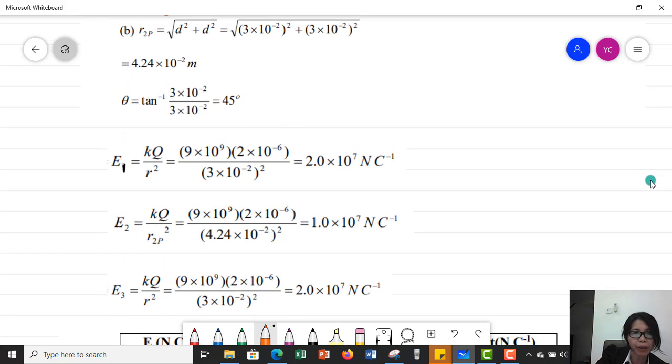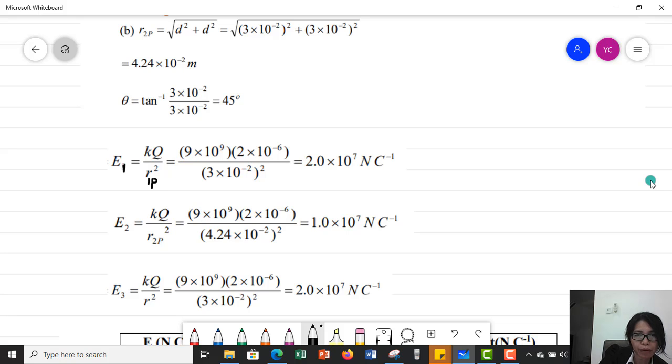We apply the equation for electric field strength, kQ over r squared. We determine the magnitude of the electric field created by charge 1. The r here will be the distance between charge 1 and point P. K is 9 × 10^9.